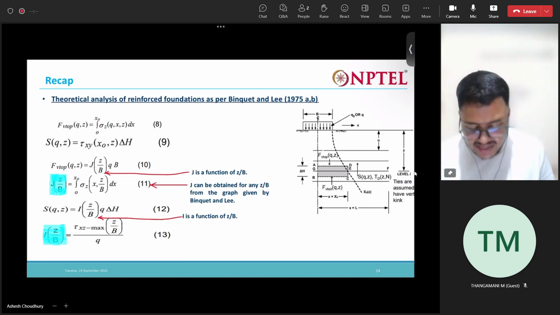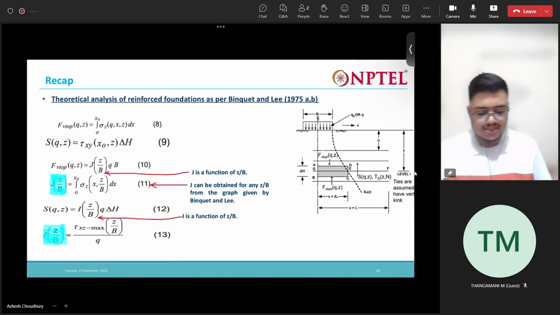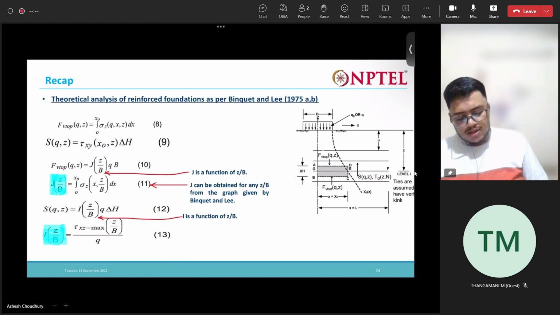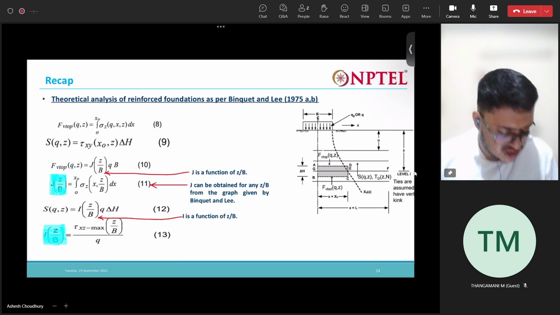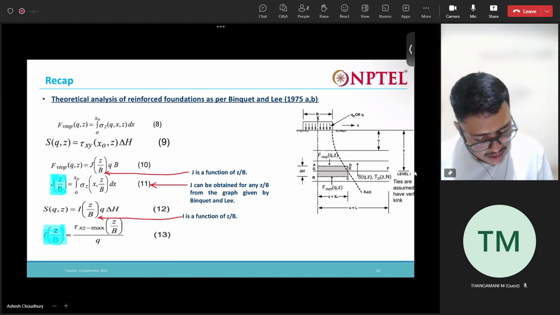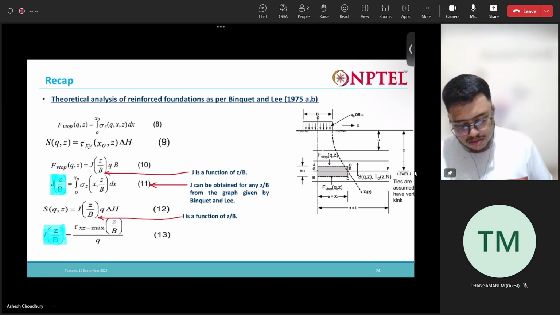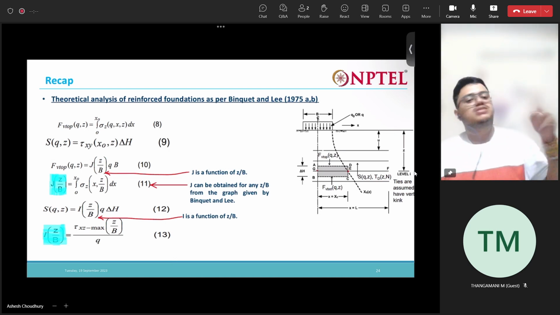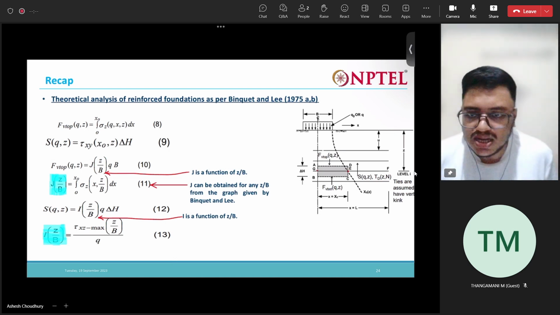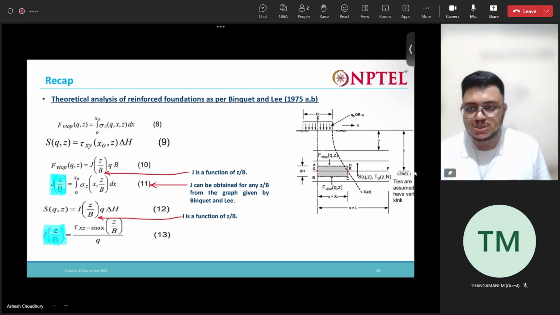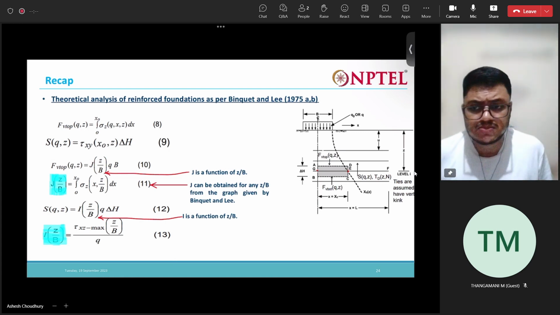Now you can see here the V top is given by integration of sigma z dx. Obviously, sigma z is the vertical force that is acting. So this will be the integration from 0 to x naught of sigma z, and that will give us the top force that is acting.